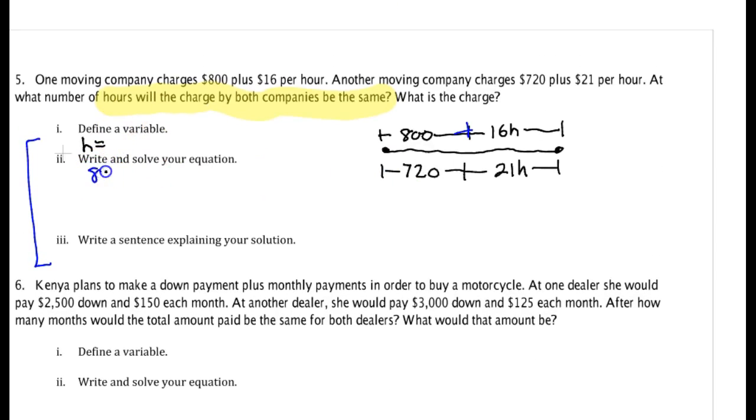Okay. So we have 800, right, plus our $16 per hour, and we have our 720 up front. Right, plus their $21 an hour. And you'll see this actually with moving companies. I've moved several times. They'll say, oh, it's only $19.95 to borrow the truck.